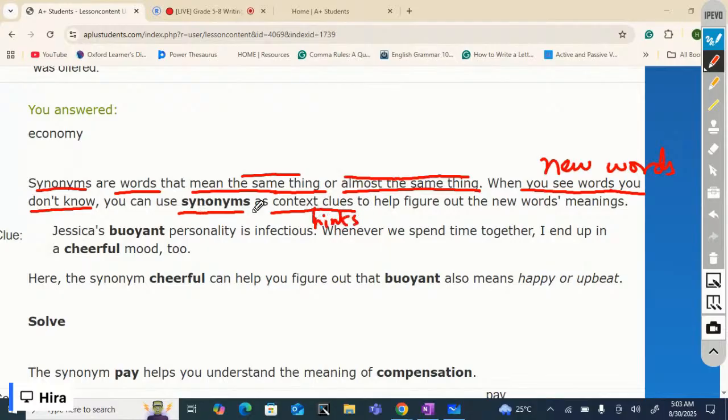These synonyms in the context can be hints to help you figure out the new words' meanings. So whenever you find it difficult to learn the meanings of new words, you can use synonyms as context clues or hints, which help you figure out the meanings of new words.